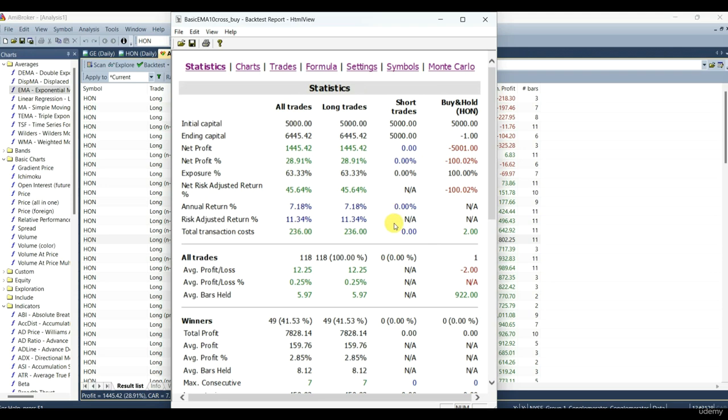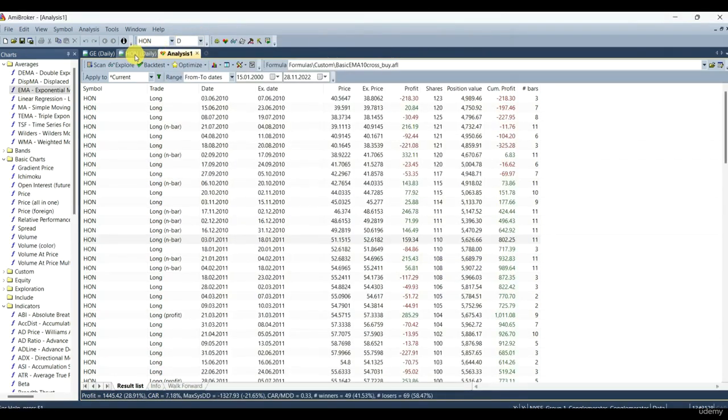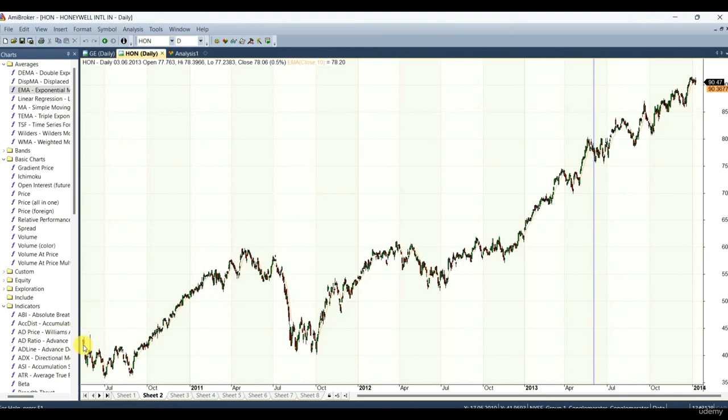Buy and hold is actually a nice comparative indicator, because that's what we would get if we bought the stock here at the beginning and sold it here without any logic, just buy and hold.